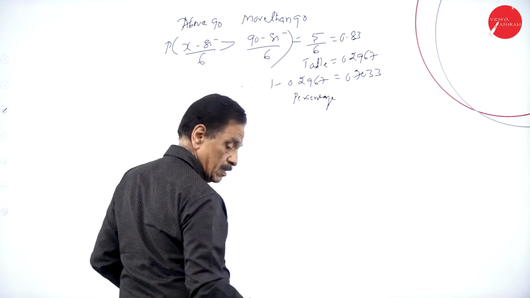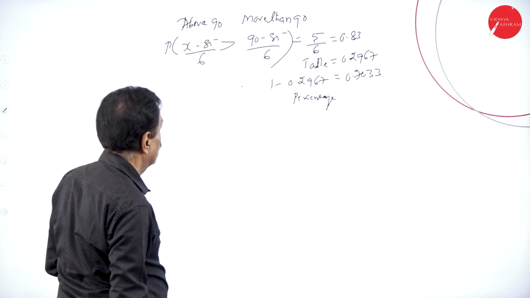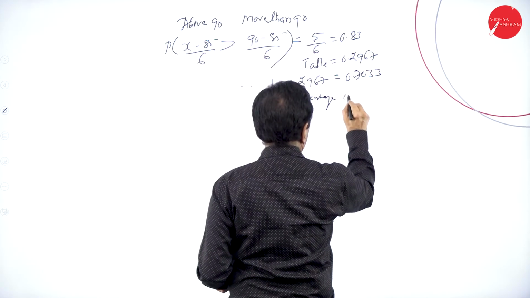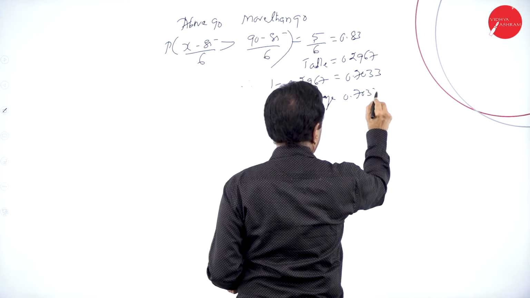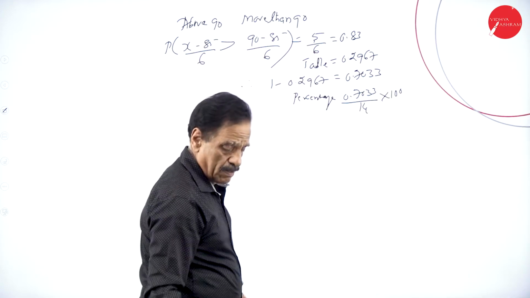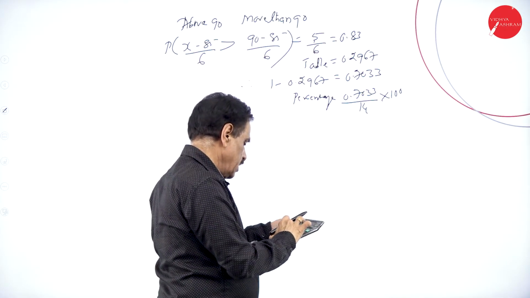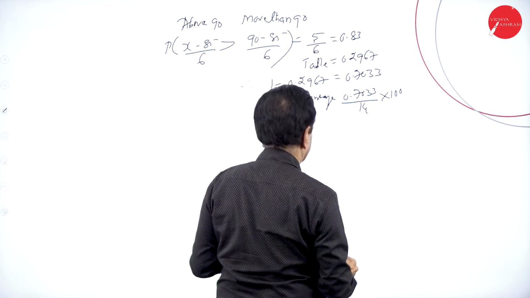Percentage: you can draw for how many students? 14. 0.7033 divided by 14 into 100 is 5%.